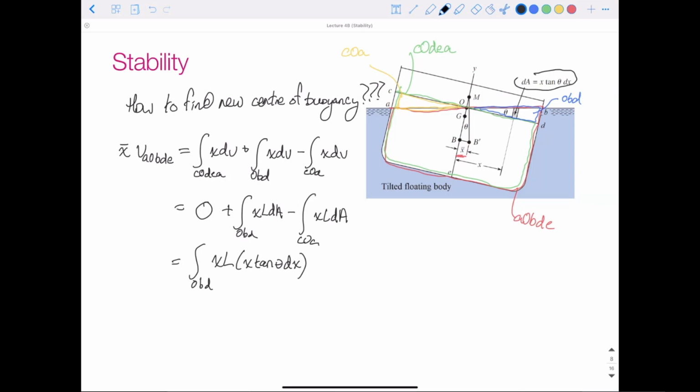So that's our dA right here. We can do this for both of those terms, and we get COA, xL, x tan theta dx.